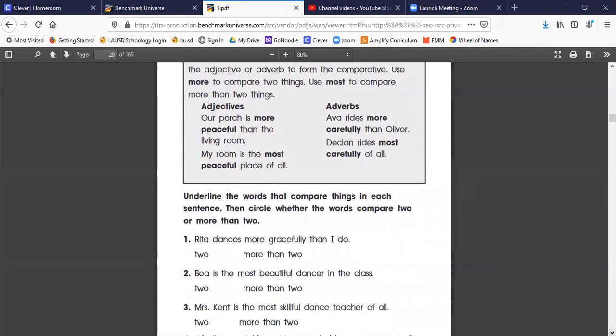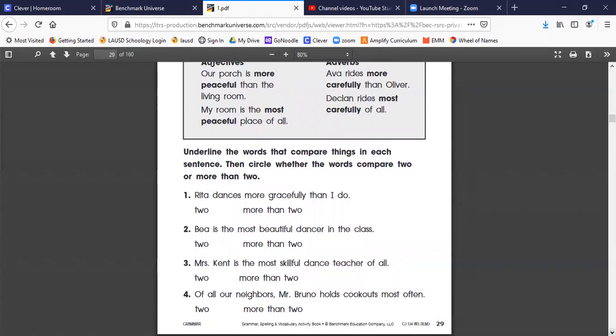So let's look at what they're asking us to do on this page. Underline the words that compare things in the sentences. Then circle whether the words compare two or more than two things. So let's start with number 1. Rita dances more gracefully than I do.